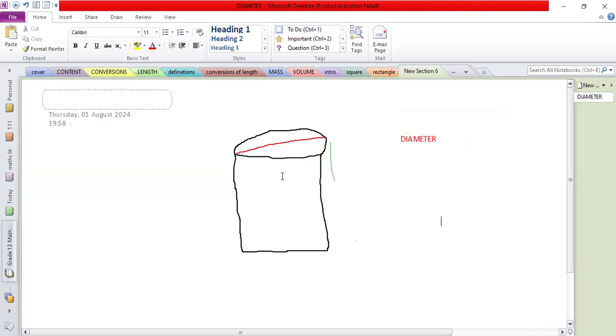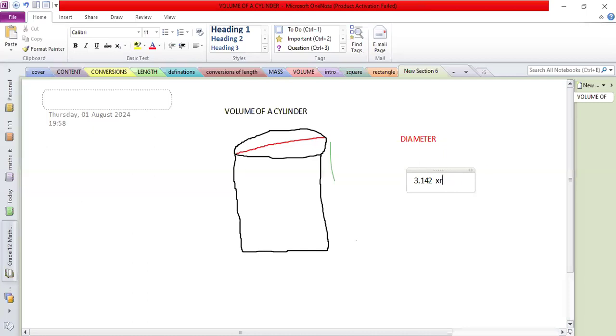So when you calculate the volume of a cylinder, let me indicate that this is the volume of the cylinder. You must know, class, that we use this formula, which is pi, 3.142, multiplied by radius squared.